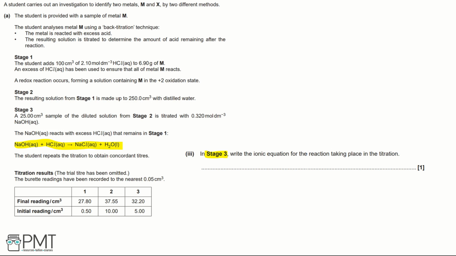So this reaction is a neutralization reaction where you're turning a base and an acid into something neutral, like water and your salt. So the ionic equation for a neutralization reaction is you have your acid, which is H+, plus your base, which is OH-, and you produce water, which is H2O. To get the mark for this question, you need to write this ionic equation out completely, as I've written it here.